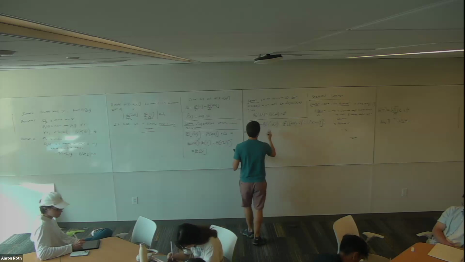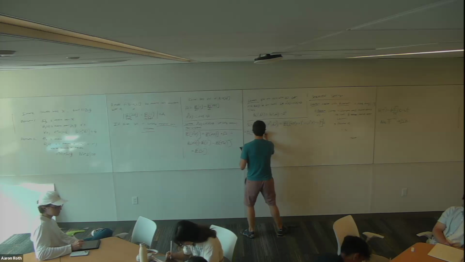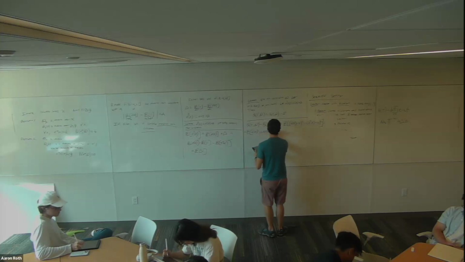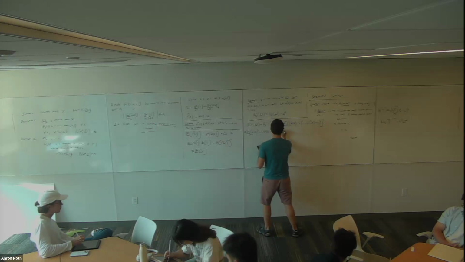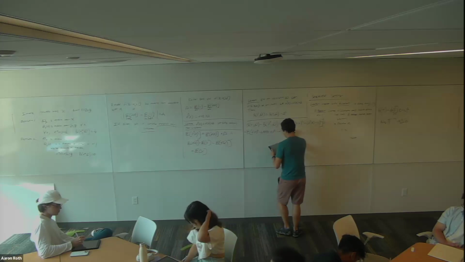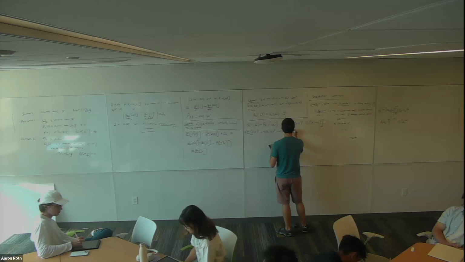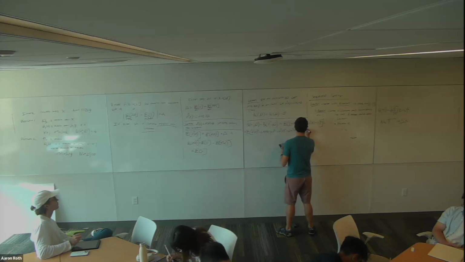And we'll get the expectation of f of x squared minus 2 f of x y, minus the cross terms, y squared, minus f hat of x squared, plus 2 f hat of x y, minus y squared.